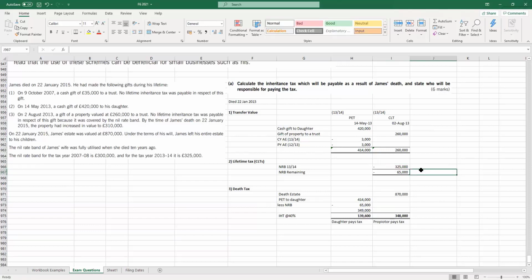Do you remember we said that it's in cumulative order, so you'd have to go against the PET in priority. I thought it said here, it says no lifetime inheritance tax was payable because it's covered by the nil rate band. I was a bit confused.